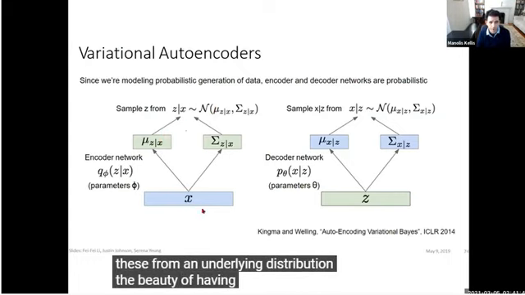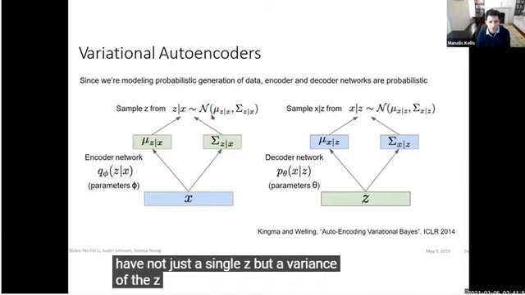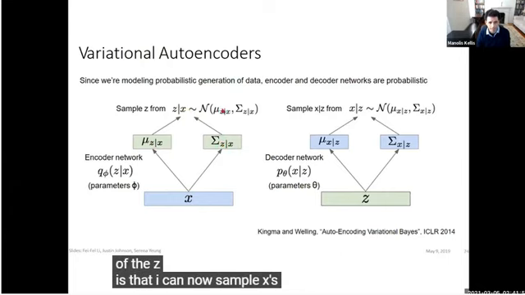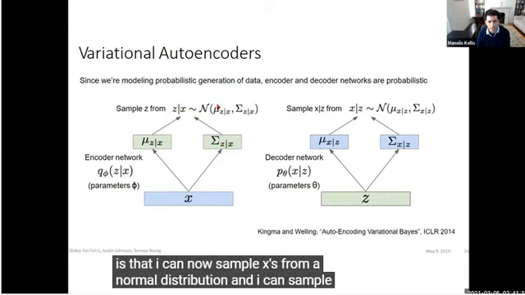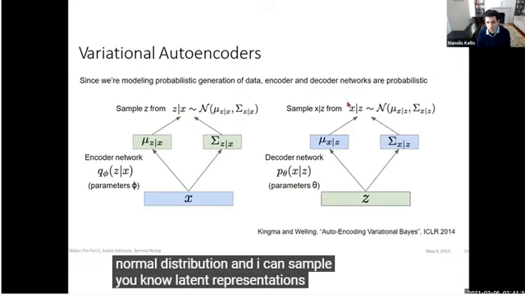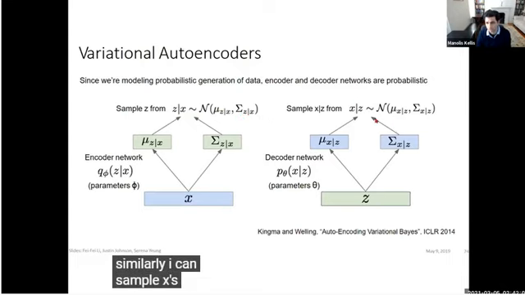The beauty of having the encoder have not just a single Z, but a variance of the Z, is that I can now sample X's from a normal distribution, and I can sample latent representations, and similarly, I can sample X's and Z's.